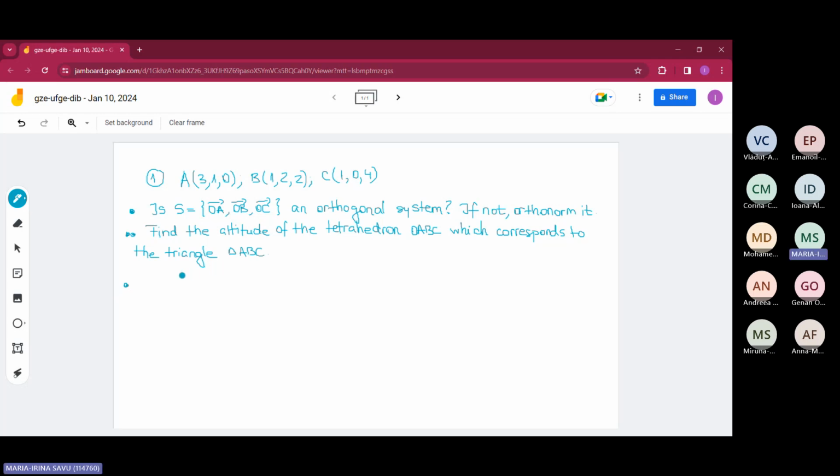First point. How to check if a system is orthogonal? What do you have to check? The dot product. Yes.